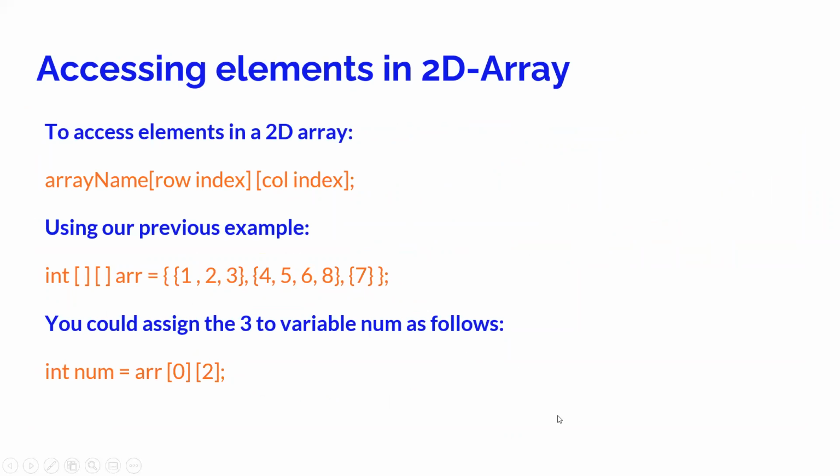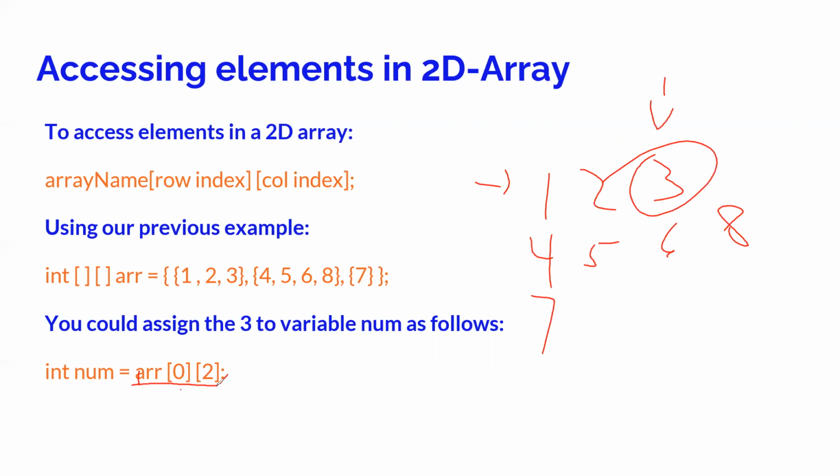If we want to access elements in a 2D array, we can just do what we did before with assigning. You get whatever's in the 0th row and 2nd column. So array 0, 2. In this case, we have to look at our rows, so let me make the table for this one: 1, 2, 3, 4, 5, 6, 8, and then 7. Row 0 is this one.